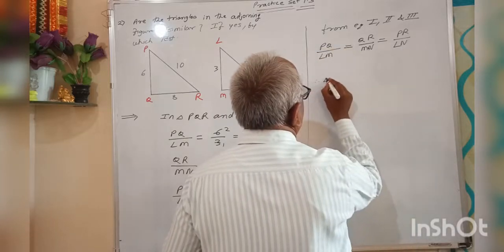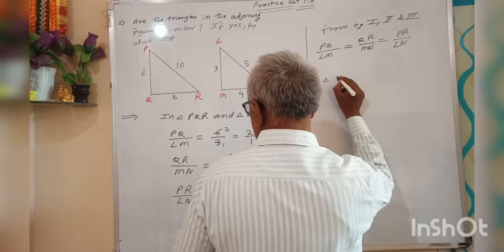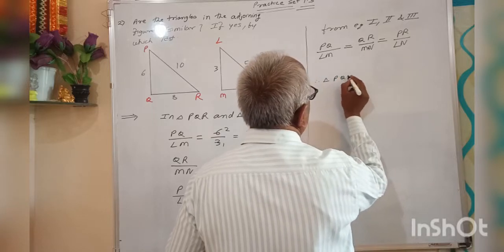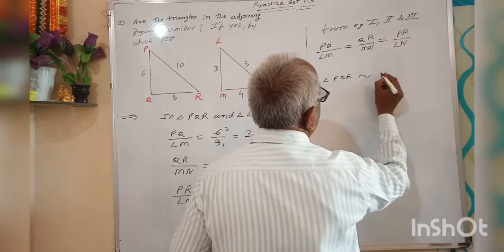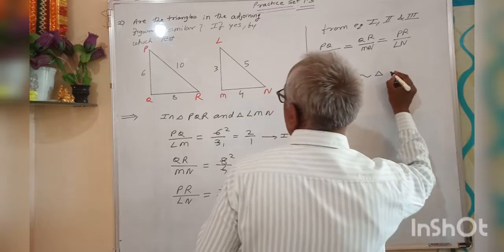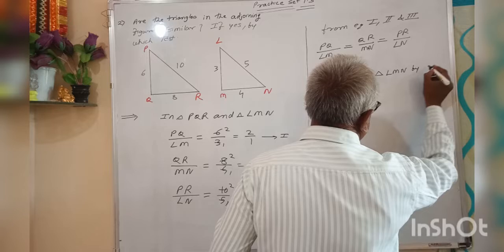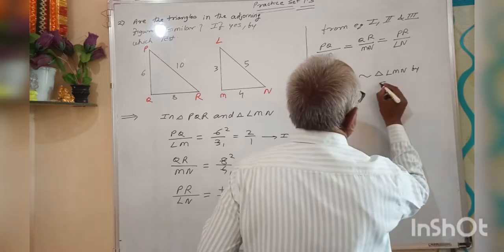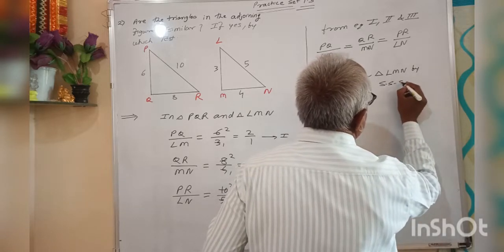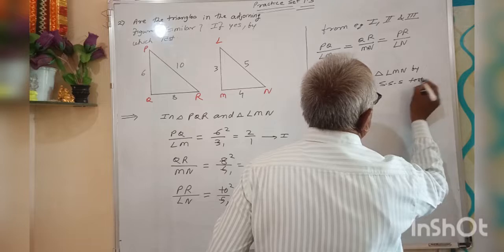Therefore, triangle PQR is similar to triangle LMN by the side side side test.